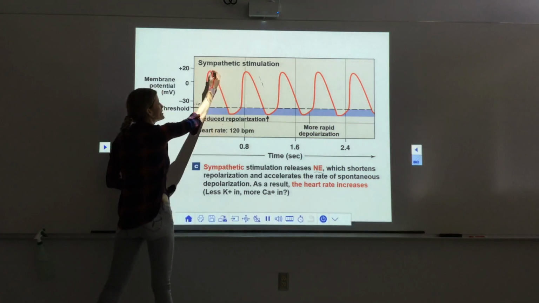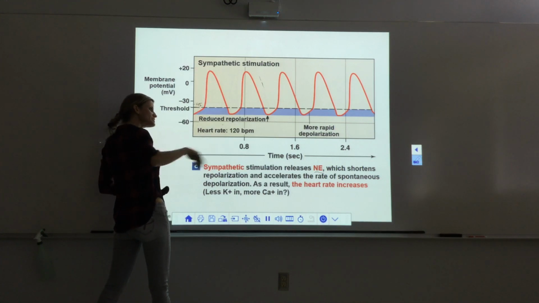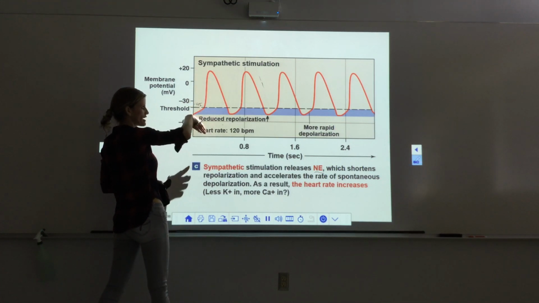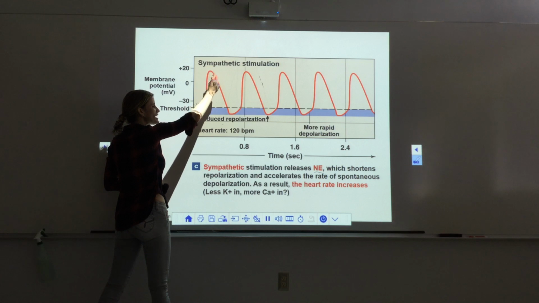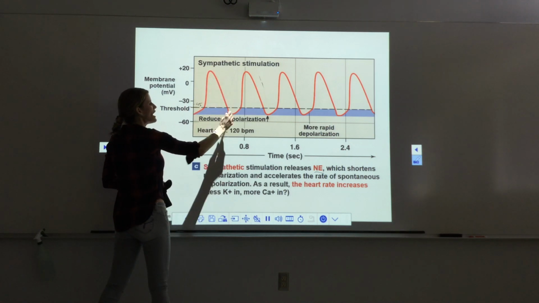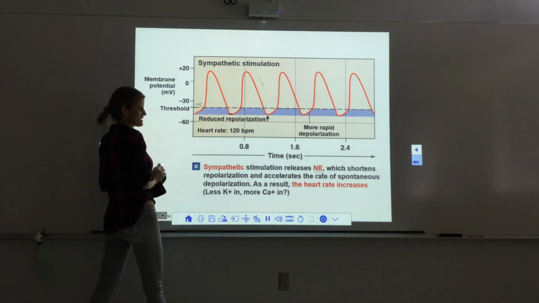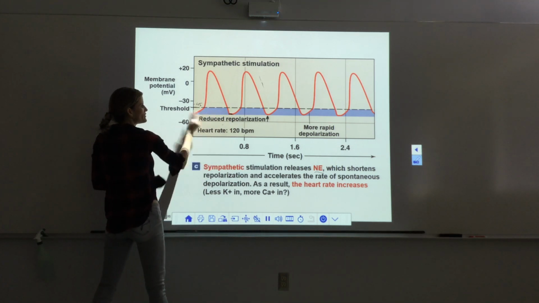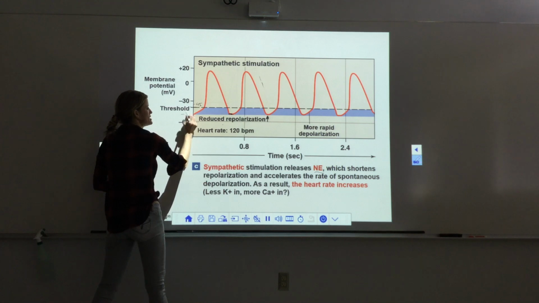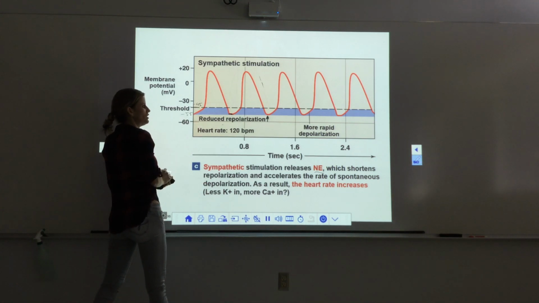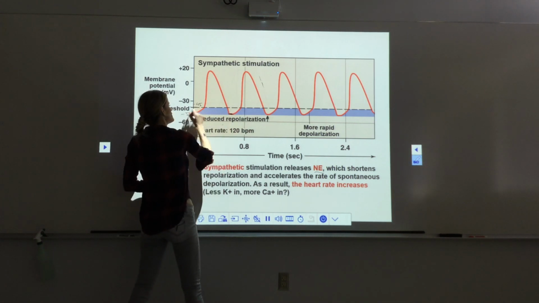So here you see when we normally, like potassium leaves the cell, we said to repolarize. So potassium's leaving, potassium's leaving, potassium's leaving, and we close those channels before we get to -60. So now if you look here, we're at, I don't know, say -55. Or -50.